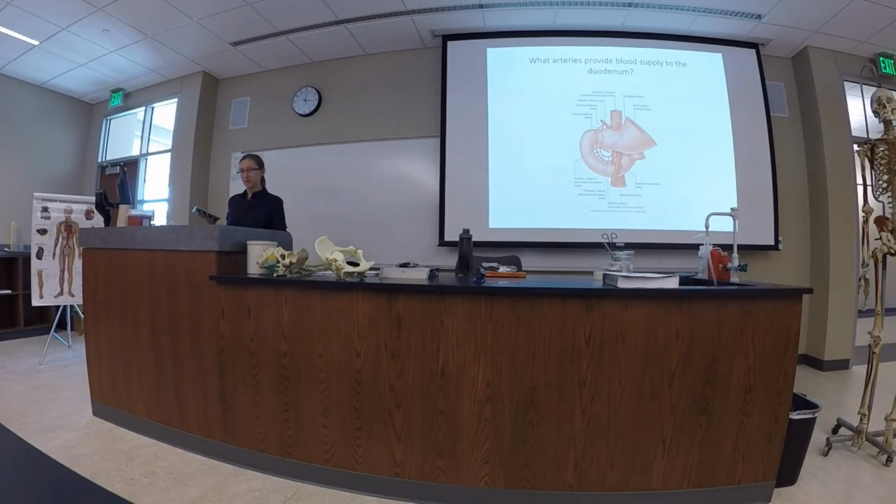Okay, so ready for blood supply to the duodenum. We have branches of the gastroduodenal artery, and remember, that's a sub-branch off of the celiac trunk. So the celiac trunk to the common hepatic artery to the gastroduodenal artery.